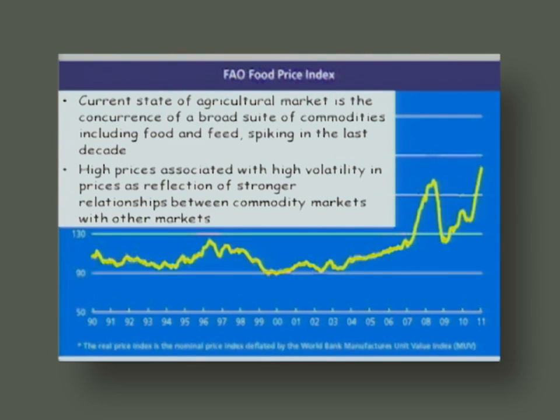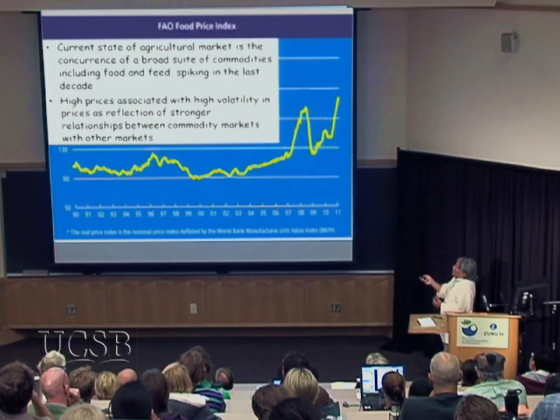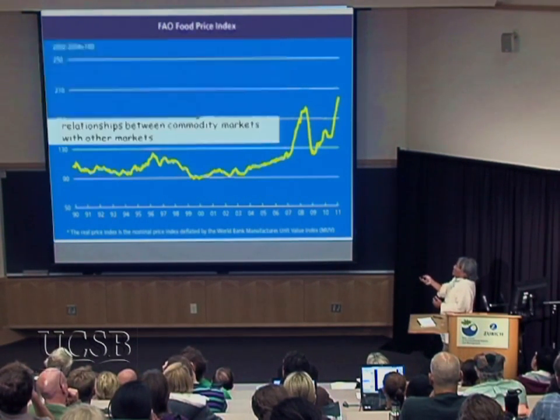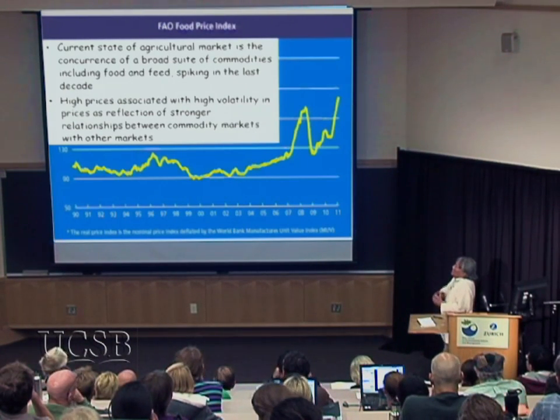So the analysis is that the current state of the market is really because of this tight connection between food, feed, and bioenergy. They're causing this high volatility in markets.